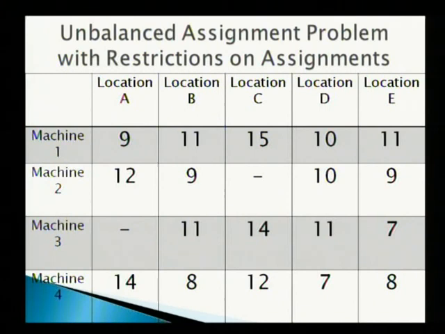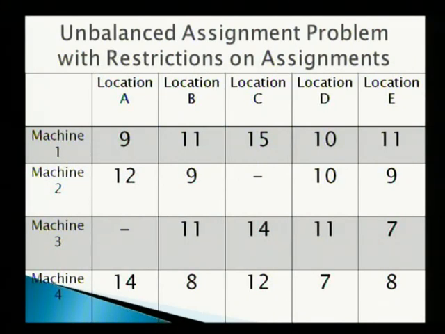Now, first thing you can see that if you look at the second machine's row, then there is a dash in location C. This simply reflects that machine 2 cannot be put at location C because of some reasons. Maybe you can assume that machine 2 is very big and location C is not as big. So you have a restriction that machine 2 cannot be put in location C.